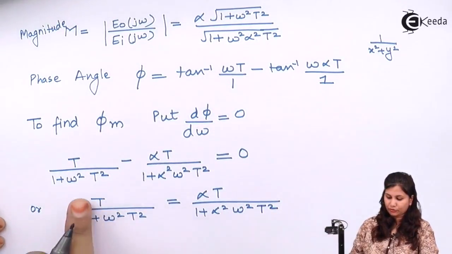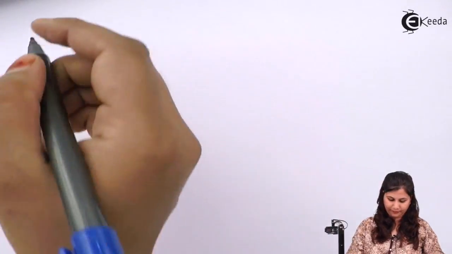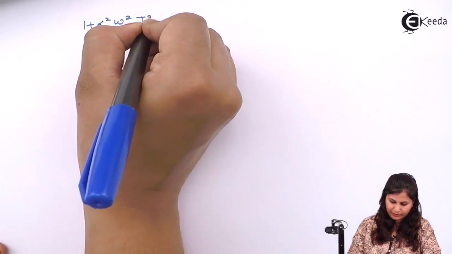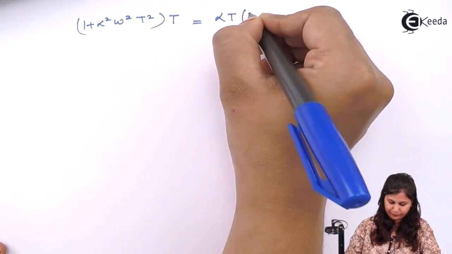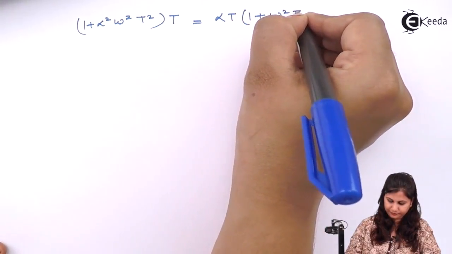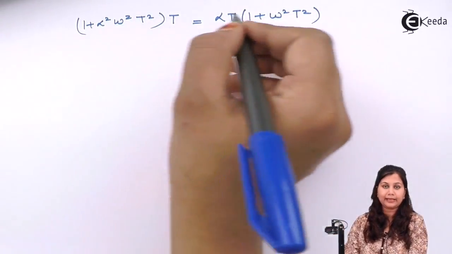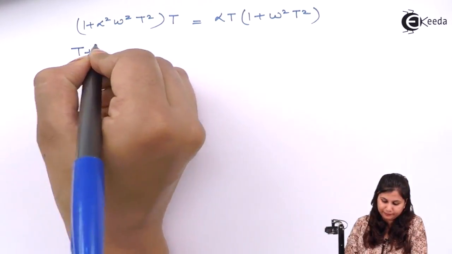Okay, let's cross multiply it. We will get 1 plus alpha square omega square T square multiplied with T, and here alpha T multiplied with 1 plus omega square T square.